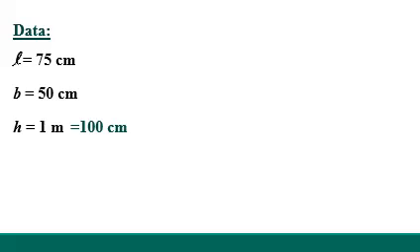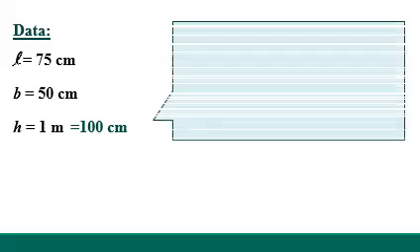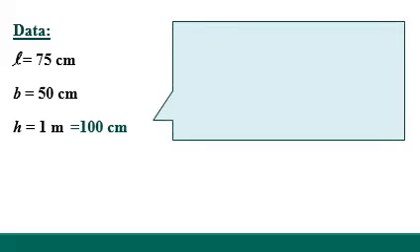But what if height is some other measurement given? Then how can we convert that measurement into centimeters? Please have a look. For example, if height is 2 meters, then how are we going to convert it into centimeters?